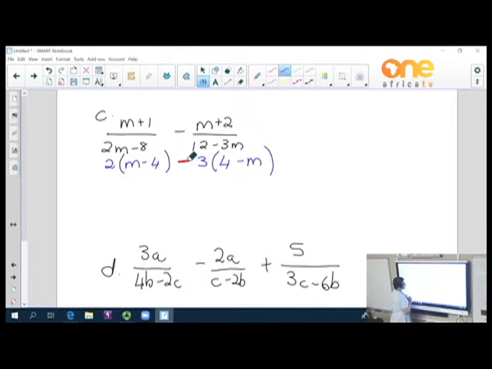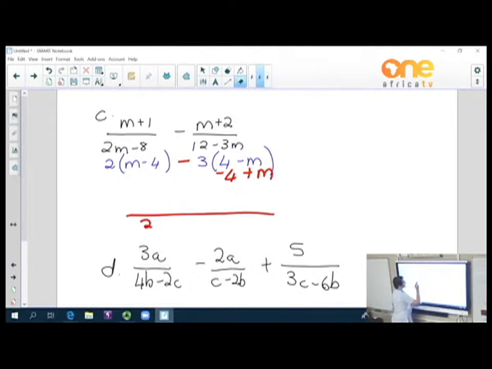So I'm going to change that one to a negative, and then it becomes negative 4 plus m, which is the same as m minus 4. So my LCM is now 2 times 3, which will be negative 6, so it is negative 6, m minus 4.